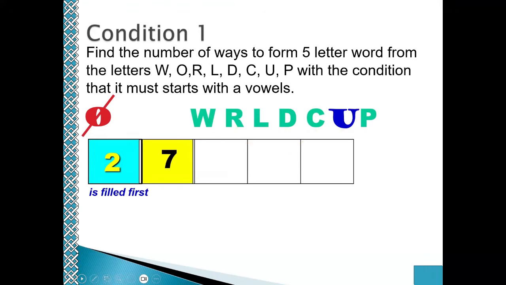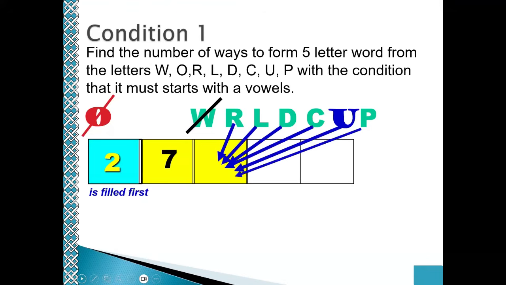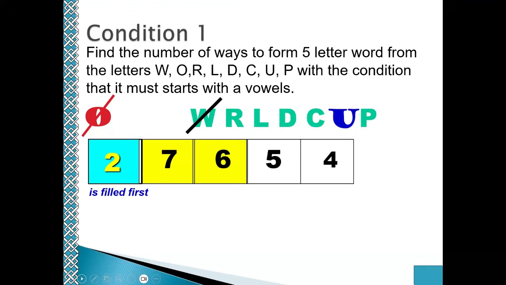So how many are there? 7. I used one more letter, now it is 6 letters. I used one more, now I have 5. I used one more. So in how many ways can I fill up? Simple multiplication rule. I am not using any formula here, only logical thinking.